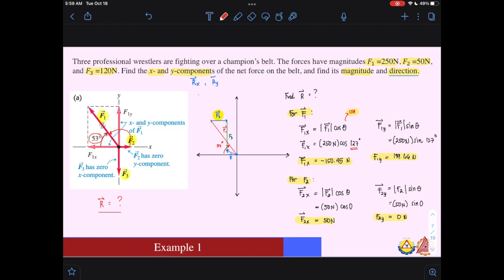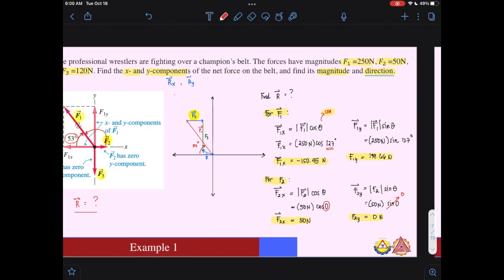I'm hoping this is making sense. The cosine of 0 is 1, therefore F2x is 50 newtons and the sine of 0 is 0. So that's why F2y is 0, and that makes sense nga 0 ang y ana kay your force 2 lies exactly only on the positive x-axis. Okay?